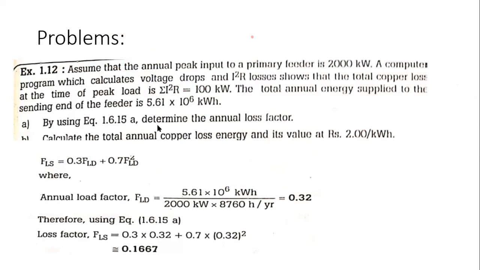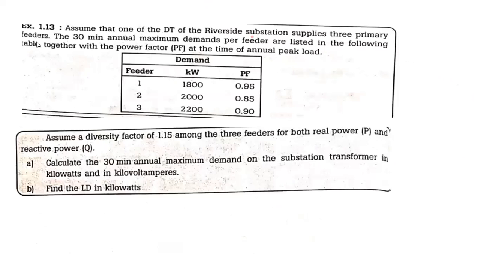Okay, this is the first problem. Next, coming to the second problem, assume that a substation supplies three primary feeders. The 30 minute annual maximum demands for the feeders are listed as follows, together with the power factor at the time of the annual peak loads.